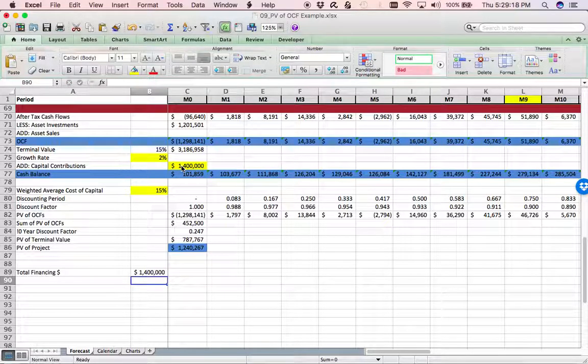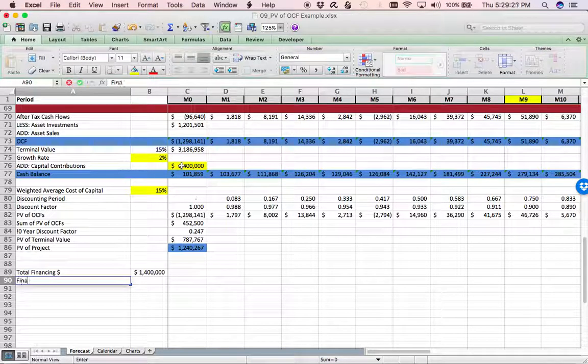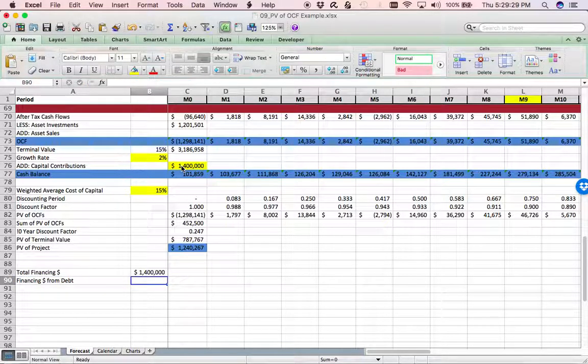It's just a formula. Financing dollars from debt, and I'm going to plug in a number. I'm going to plug in $1 million, I think. Let me use the format painter and make sure it comes out. Okay, so that's an assumption, $1 million.